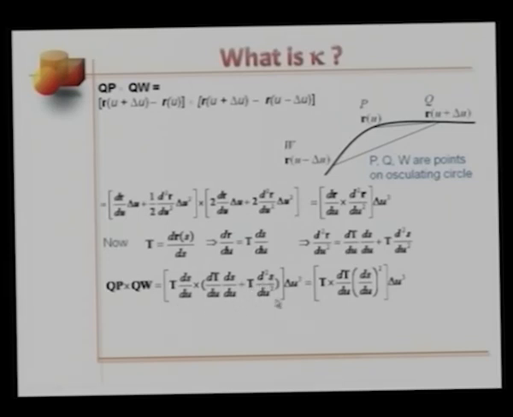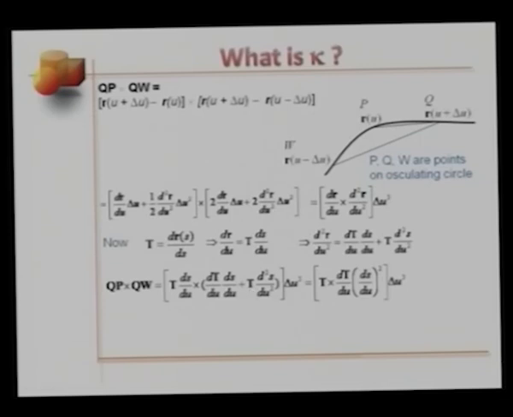This entire thing times delta u cubed. If I work on this cross product further, I notice that the direction of this term and this term are the same, so the corresponding cross product is 0.